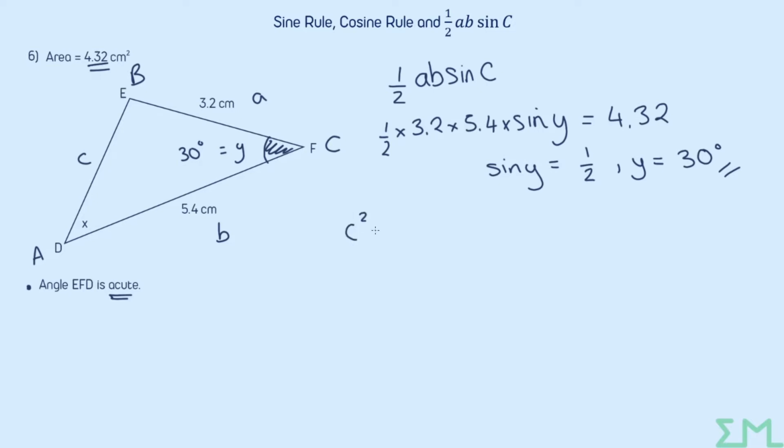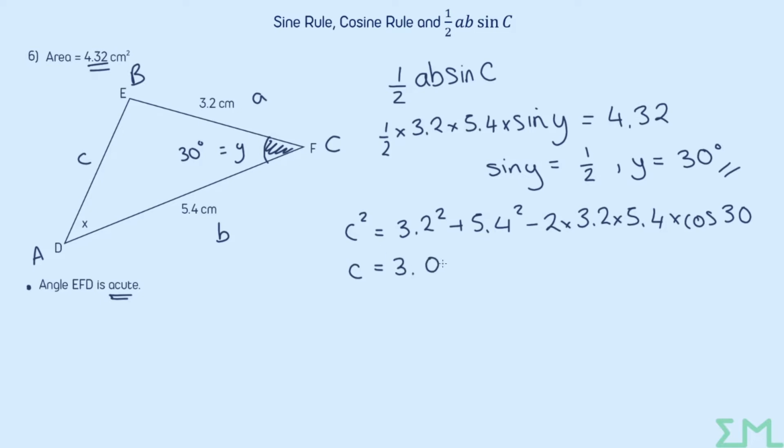So next we're going to be using the cosine rule. This is going to allow us to work out C squared. So 3.2 squared plus 5.4 squared minus 2 times 3.2 times 5.4 times cos 30. Okay, so we'll pop that in, and we get 3.0774.